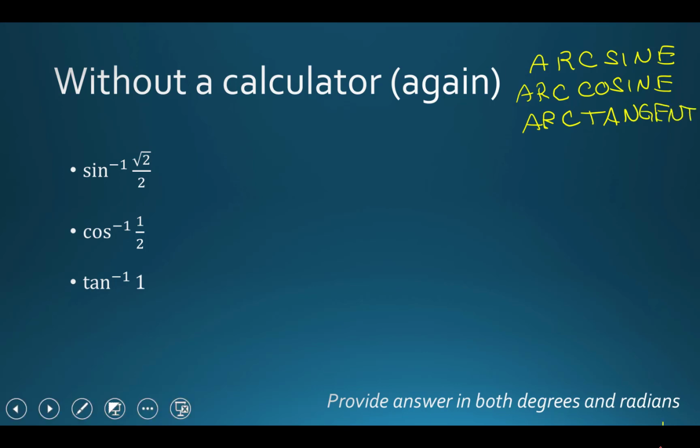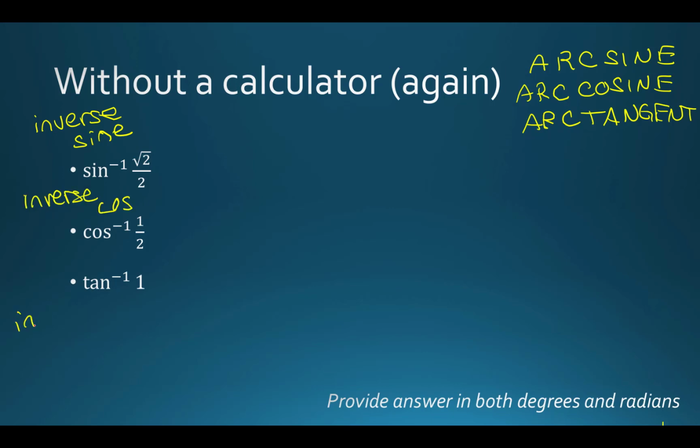Another way that people say it would be inverse sine, inverse cosine, and inverse tangent. Okay, so basically it means the opposite, like undo this.